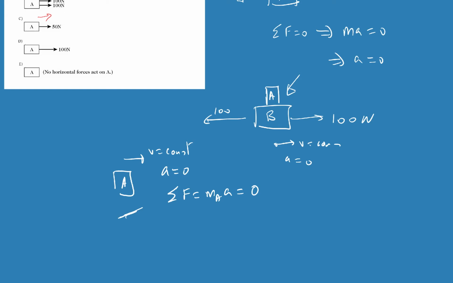So the question is asking what force maintains A's constant velocity? No force, zero force, so no horizontal force acting on A. On A, sorry, I was thinking of B.